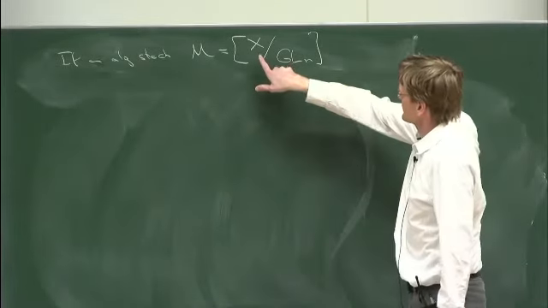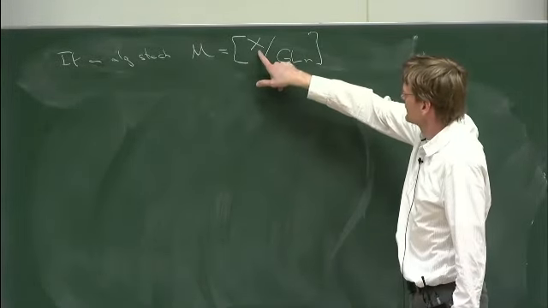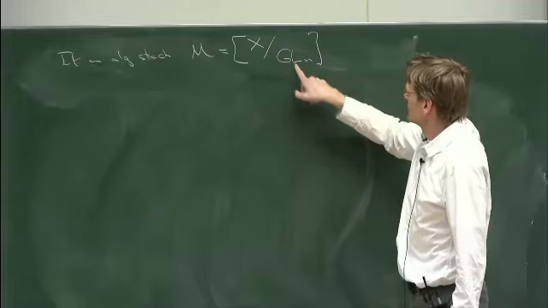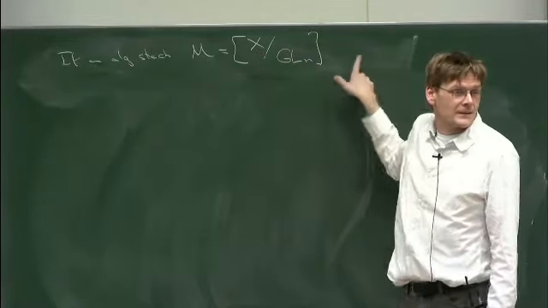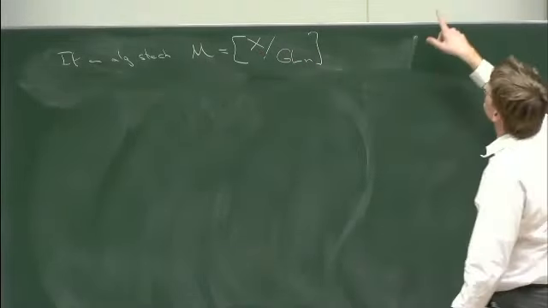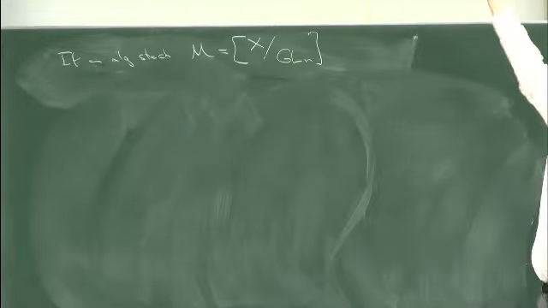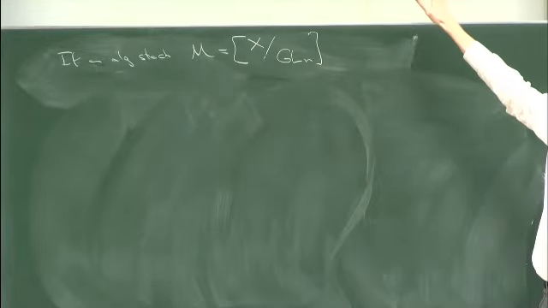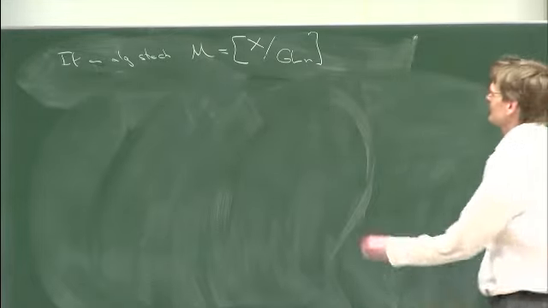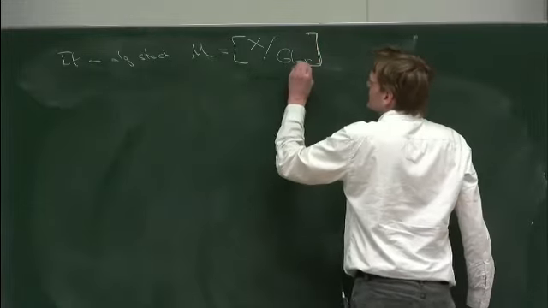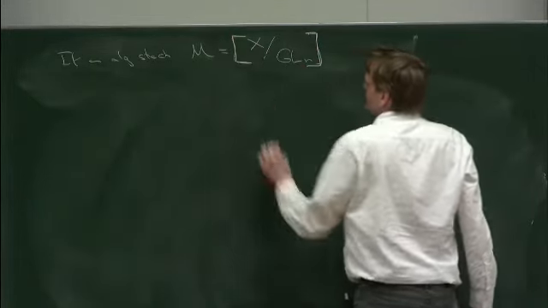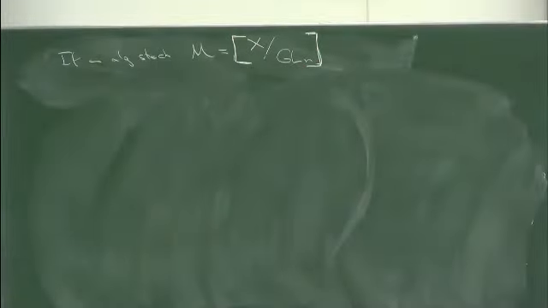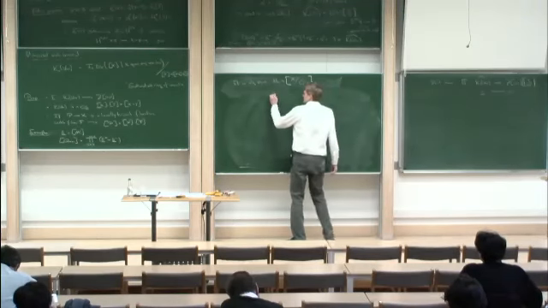In the stack world, people often denote the stack quotient of a variety by this type of brackets. And unfortunately, this type of brackets is also often used for the Grothendieck class. I hope that there's no confusion. So this is the stack quotient. Then you just define it.